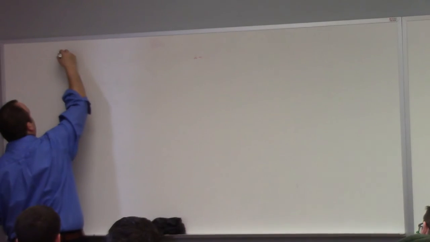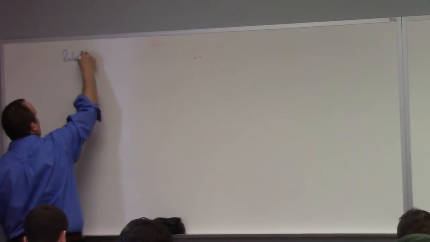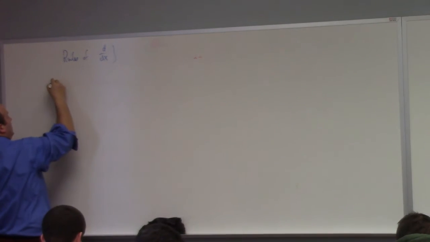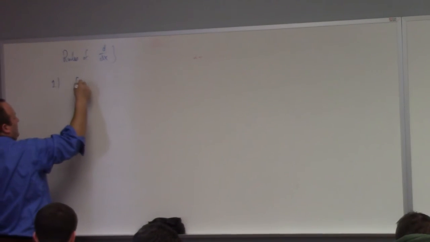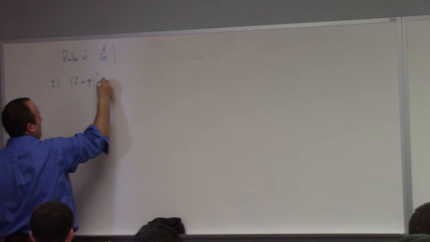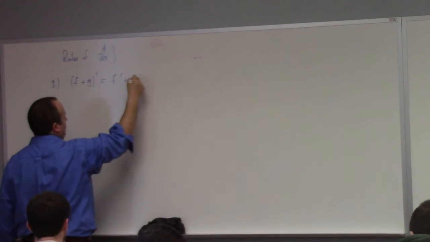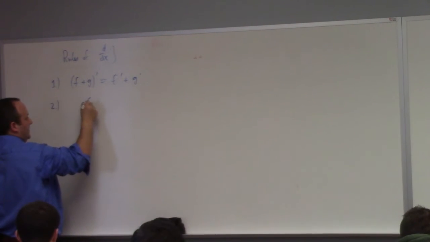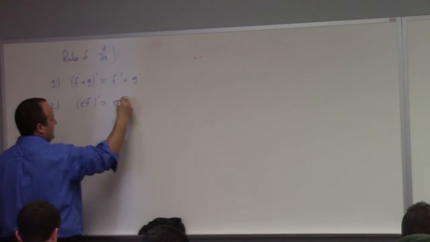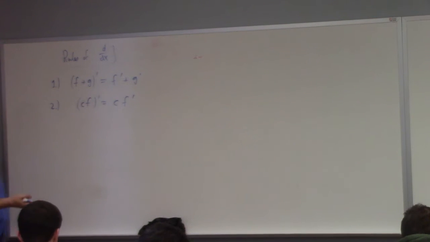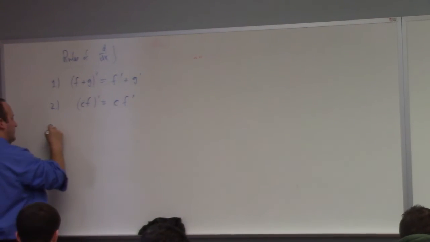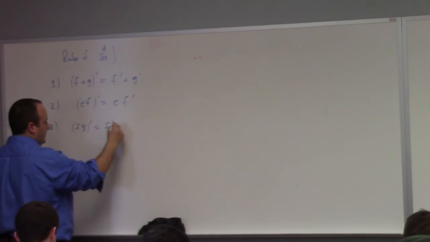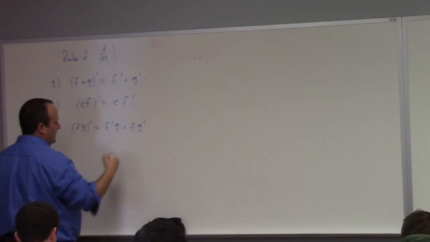So rules of differentiation. And so, of course, 1, we have that (f plus g) prime is f prime plus g prime. 2, we have that a constant times a function, the derivative is a constant times the derivative of the function, right? This is the prime notation. 3, the product rule I was just mentioning, (fg) prime is f prime g plus f g prime, right?